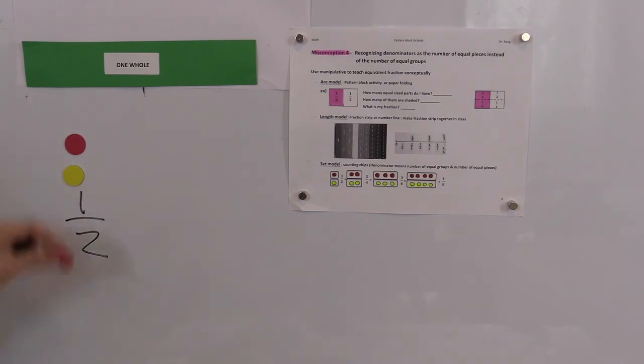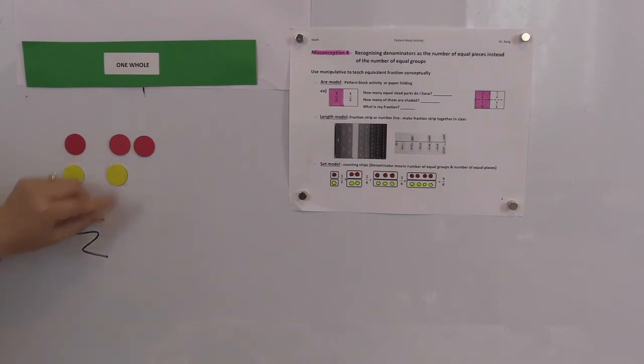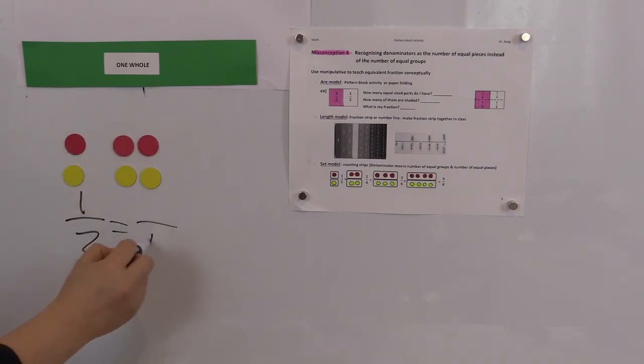What about this? Do you think they're the same? Are they 1/2 too? 1/2 or what? If I count individual chips, it's going to be 4. And how many of them are red? So 2/4 is going to be the same, right?